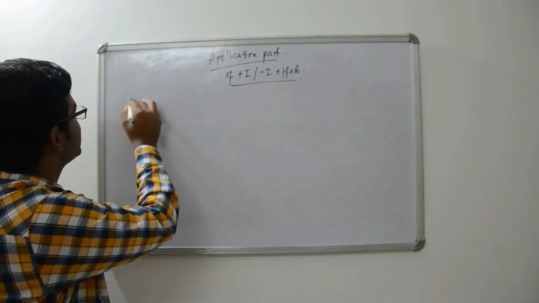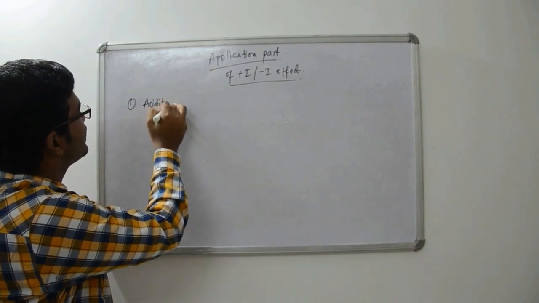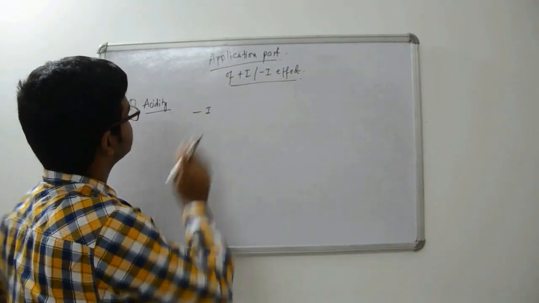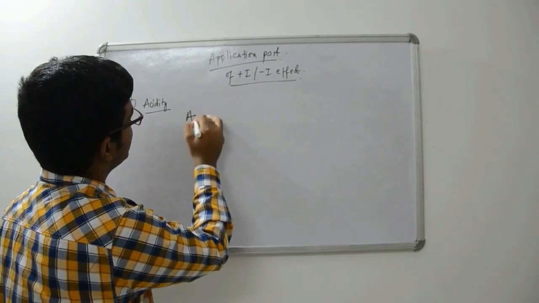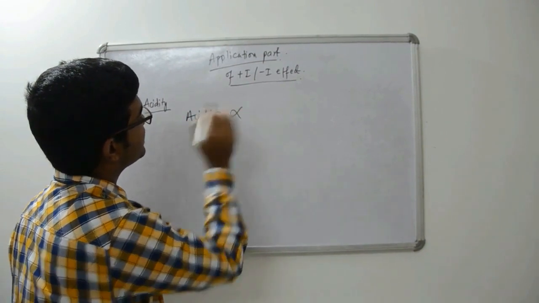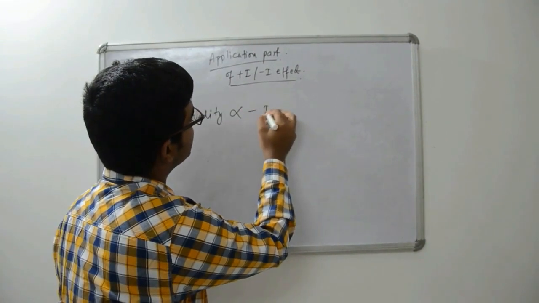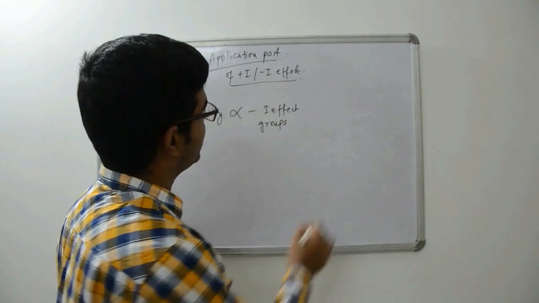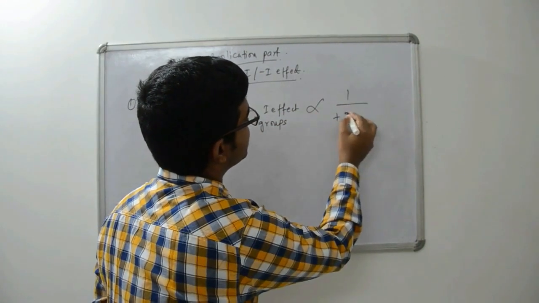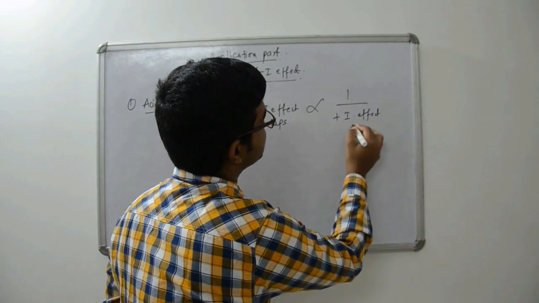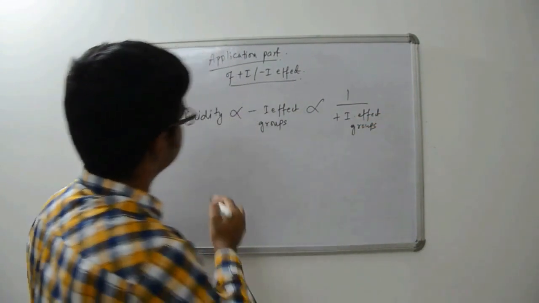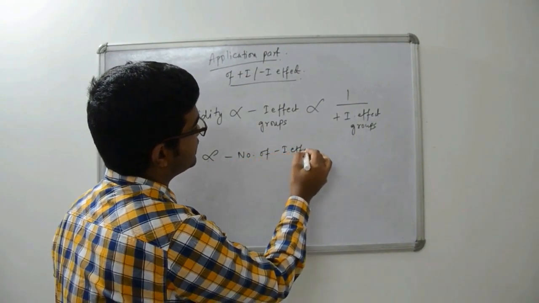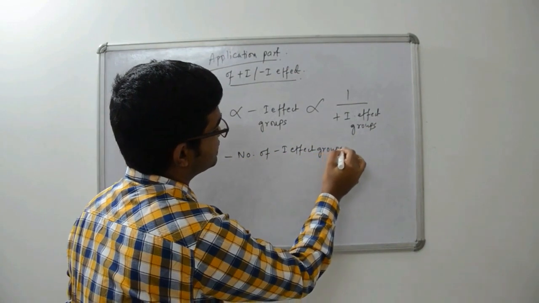Number 1 is acidity. Acidity is directly proportional to minus I effect groups, is inversely proportional to plus I effect groups, and is directly proportional to the number of minus I effect groups.